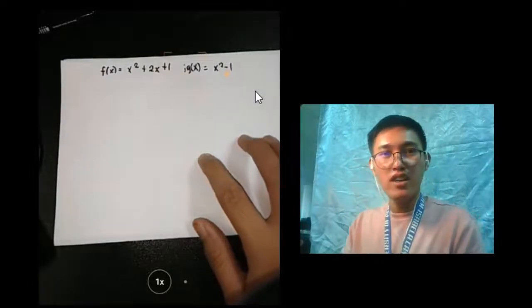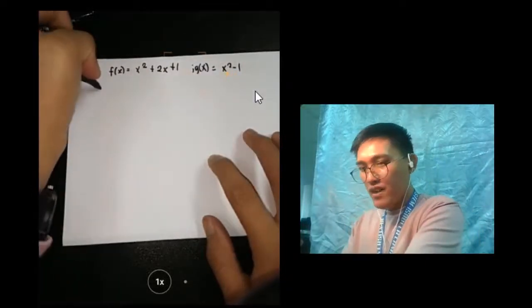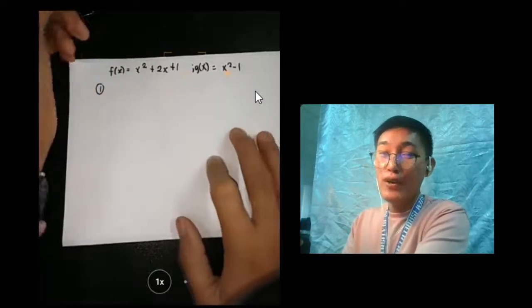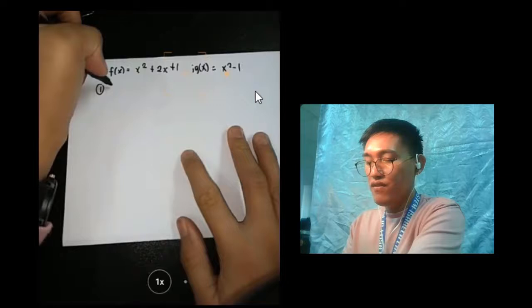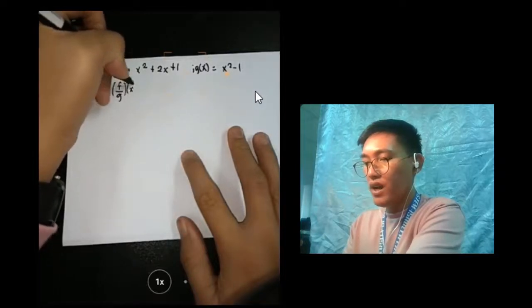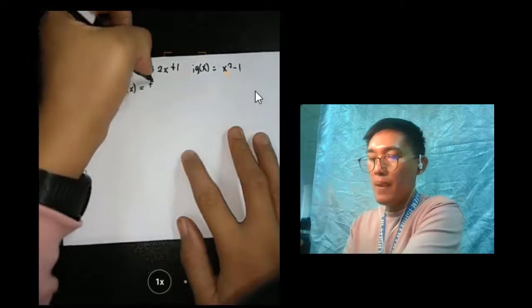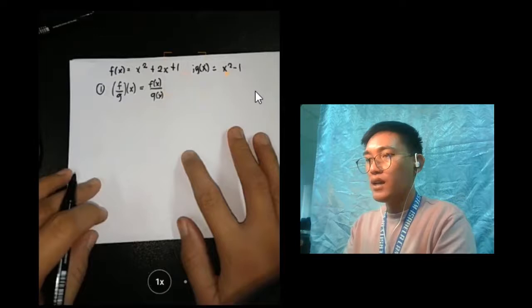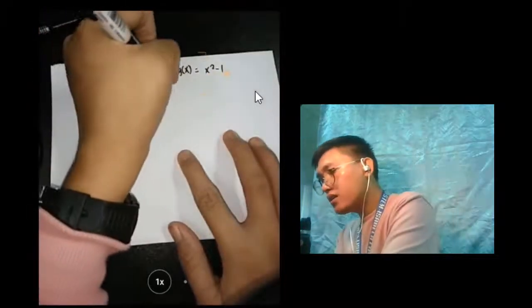Step 1, do the proper or correct denotation on division of function. F over g of x is equal to f of x over g of x. Then after that, do step number 2.